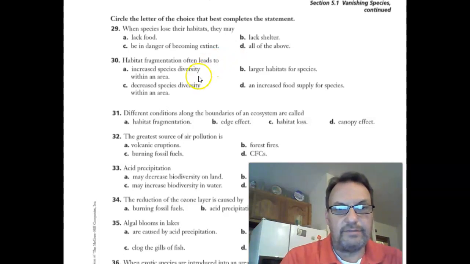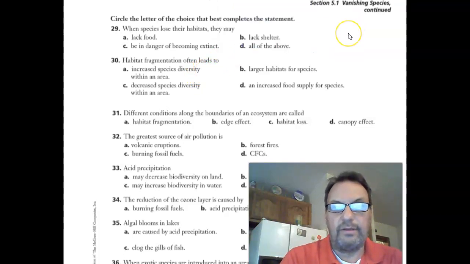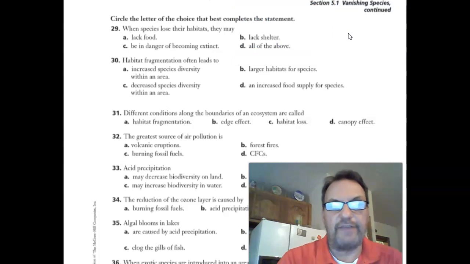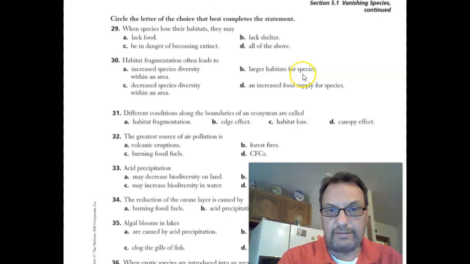Number 30, habitat fragmentation often leads to... if the habitat has been sectioned off, obviously it's not going to have a larger habitat. It's not going to have something that's increased.